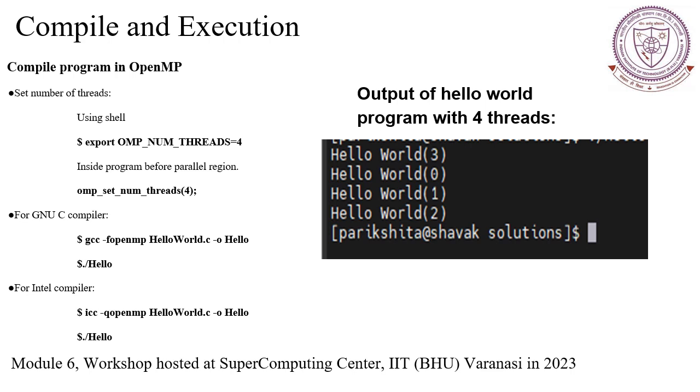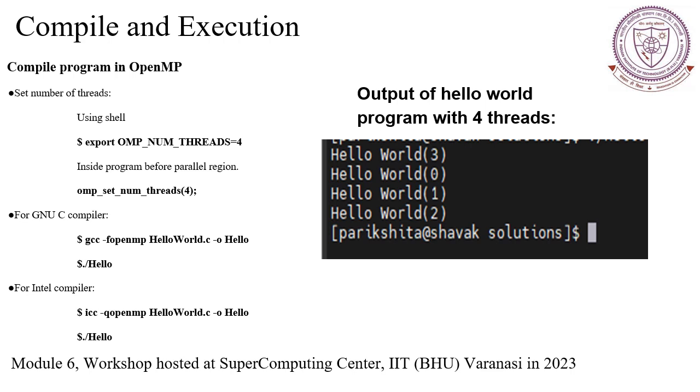Here we can see that with the C compiler, if we write gcc -fopenmp, it is a flag if you want to compile an OpenMP program. Then you write your file name hello_world.c -o, then your executable name. So here hello will be your executable, then execute that executable with ./hello.